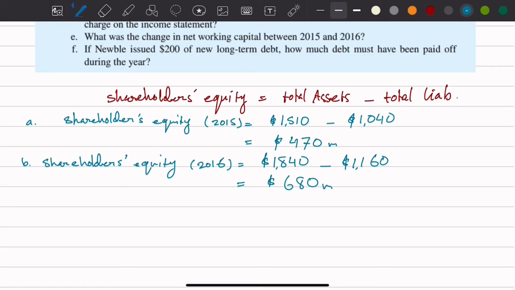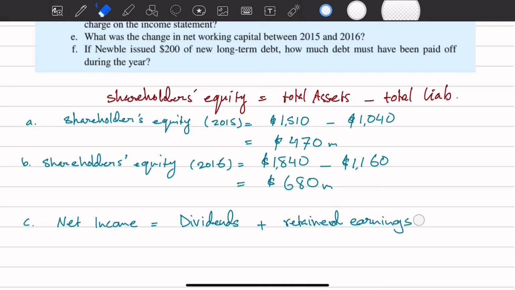So I'm going to say net income is going to equal the dividends plus retained earnings, or we could say the change in shareholders' equity.